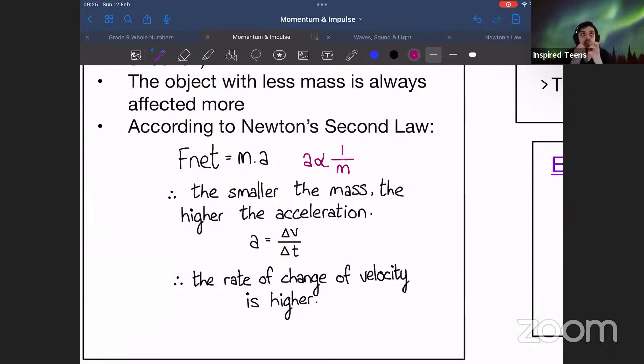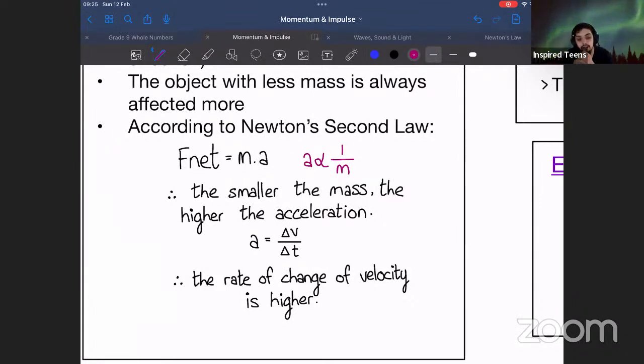If you think of a collision of a car and a bicycle, you would think that the car exerts more force on the bicycle, but that's not true. The reason the bicycle guy goes flying into the bush and the car just remains unfazed is that the object with less mass, which is clearly the bicycle, is always affected more. And the reasoning is stated in the next point.